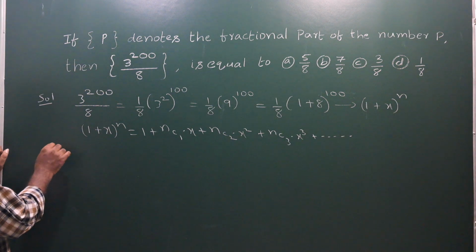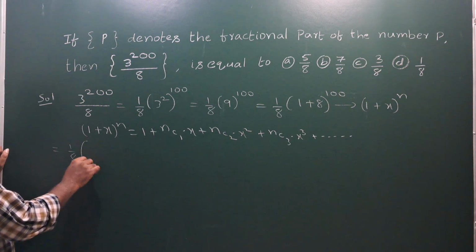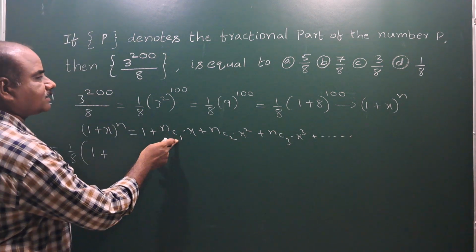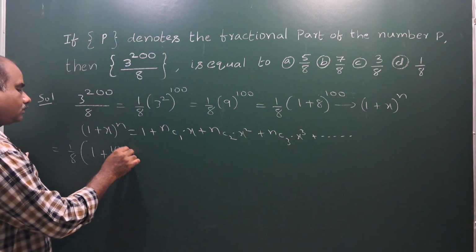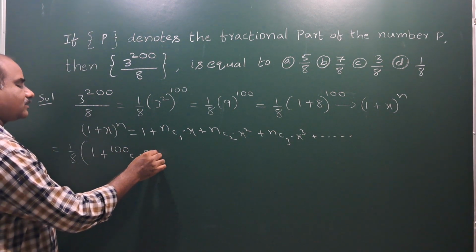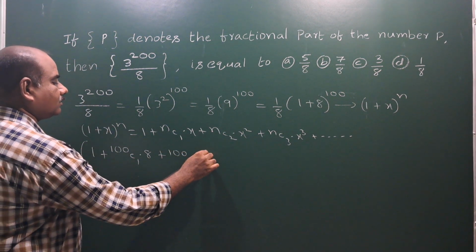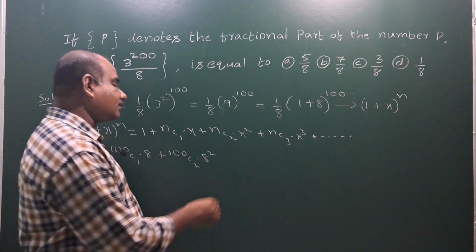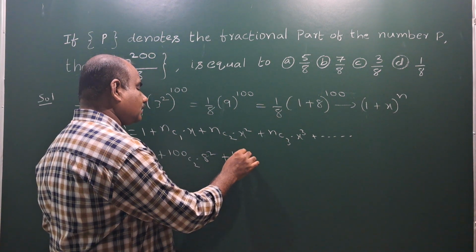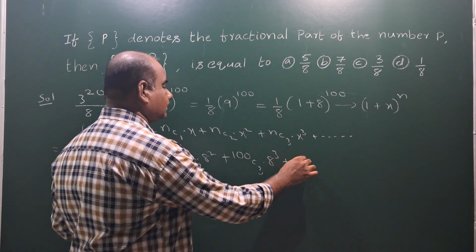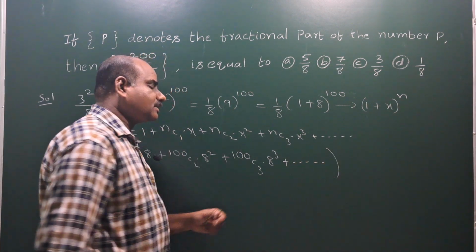So applying the formula, we get 1 by 8 of 1 plus 100c1 into 8, plus 100c2 into 8 square, plus 100c3 into 8 cube, and the expansion continues like this.